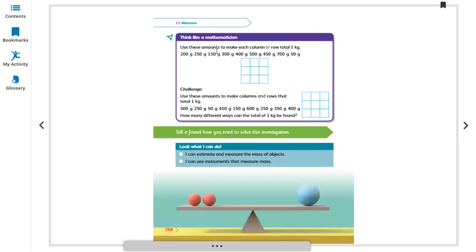And the next question, think like a mathematician. Use this amount to make each column or row total 1 kg.